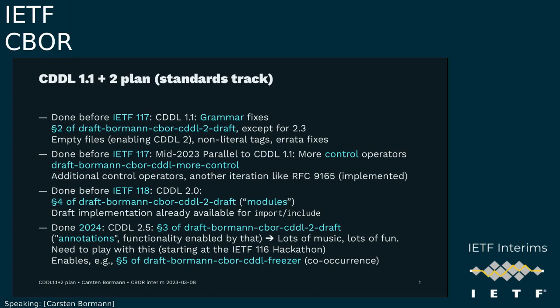And of course, one of the annotations that we want to have is being able to put in co-occurrence constraints, like Schematron provides them via annotations to RelaxNG. But of course, not for XML, but for JSON and CBOR-like data.